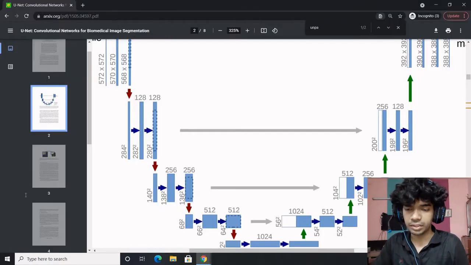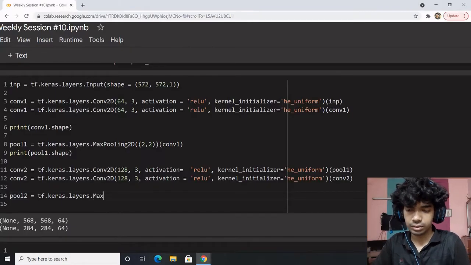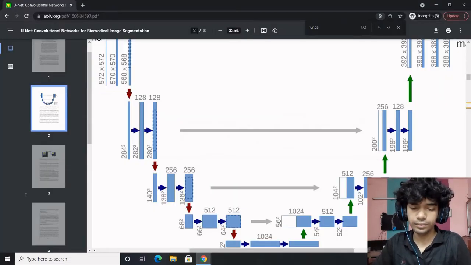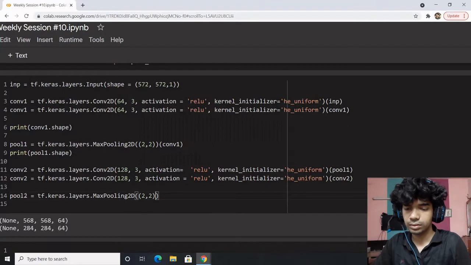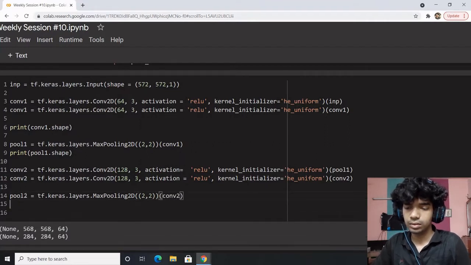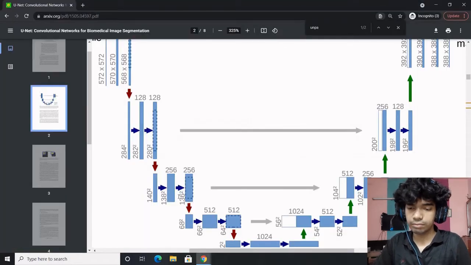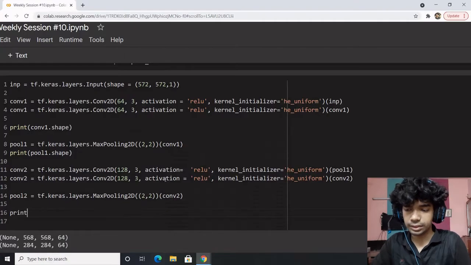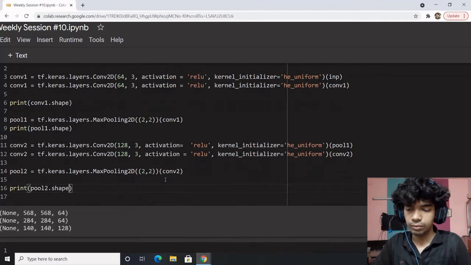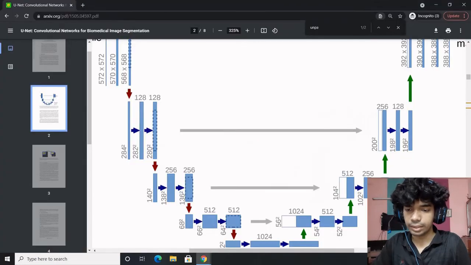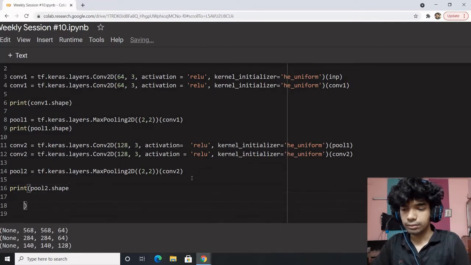This is very obvious and intuitive. Now we have done pooling 2. Let's check the shape. 128. Perfect.